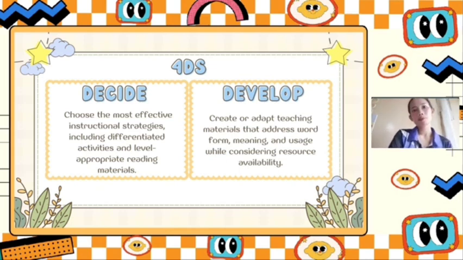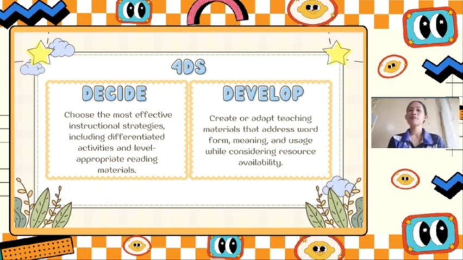Now, finally, you have to develop or create teaching materials that address word form, meaning, and usage while considering available resources. This can include worksheets, flashcards, digital apps, and reading passages that match students' levels and needs.